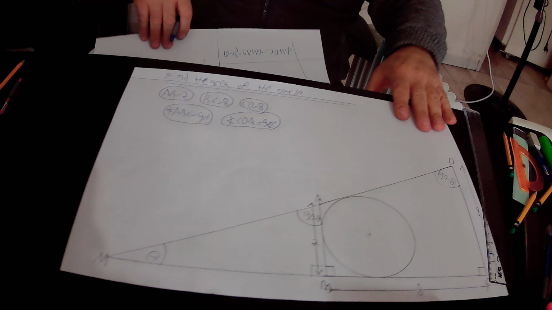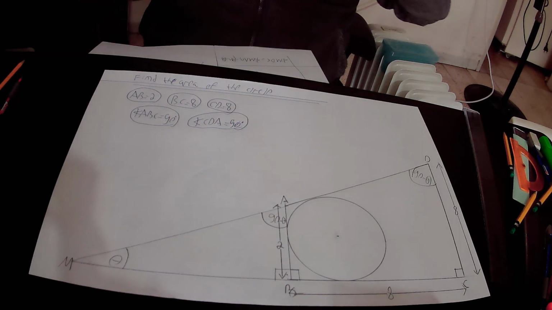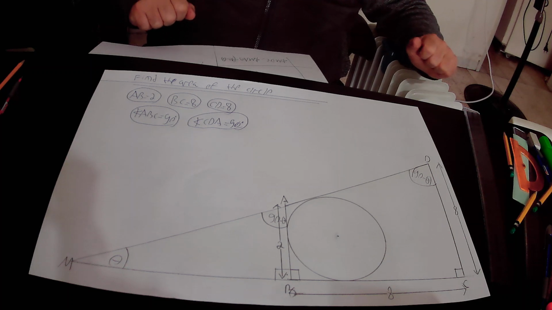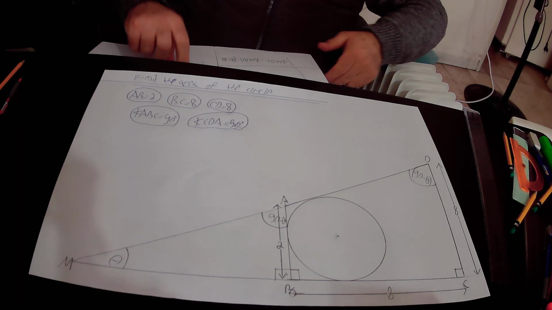And from the fact that those two right triangles are similar to each other, we derive the following relationship between their sides.